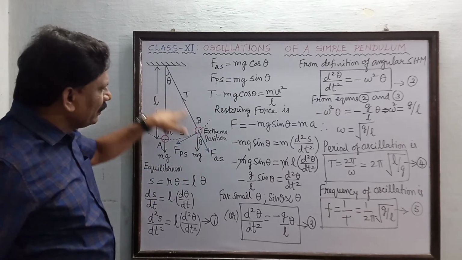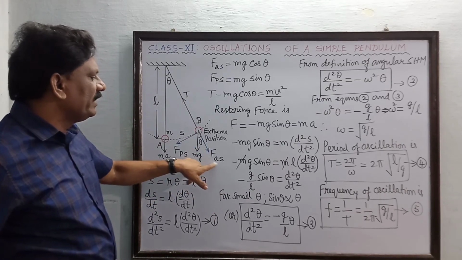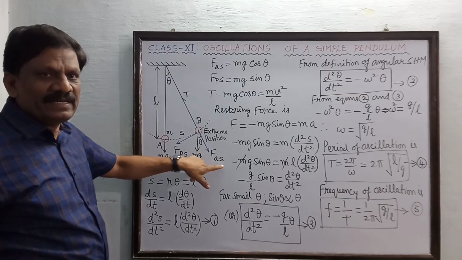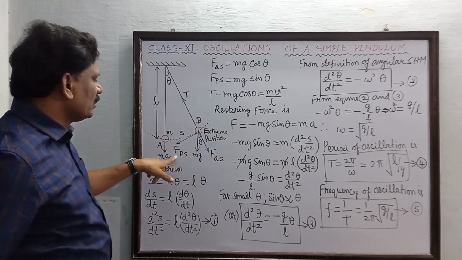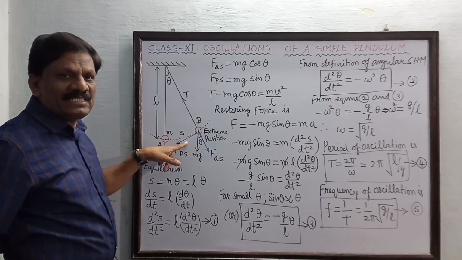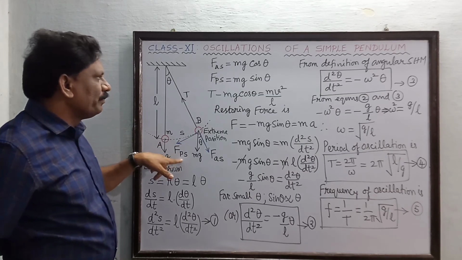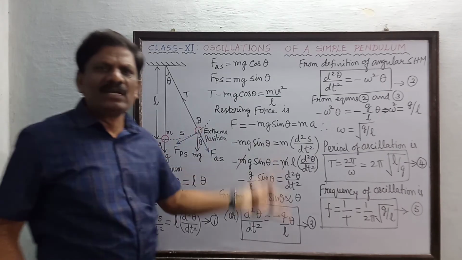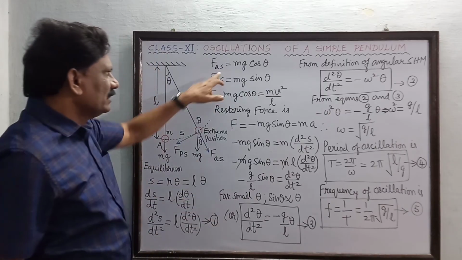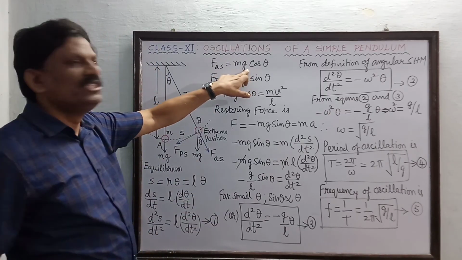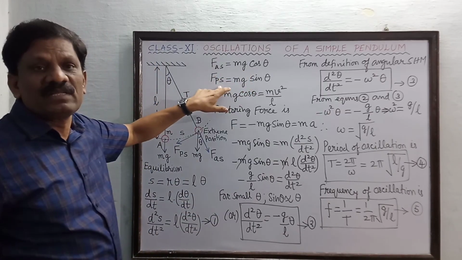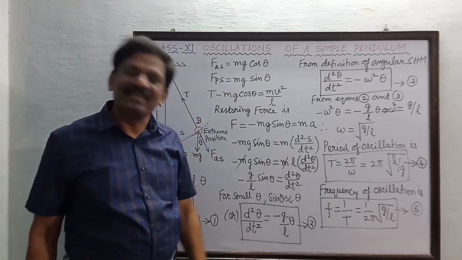One component along the length of the string, that is F_AS, AS means along the string, and the other one is perpendicular, the vertical component, F_PS, PS means perpendicular to the string. Along the string, the component of mg is mg cos theta, and perpendicular to the string, the component is mg sin theta.